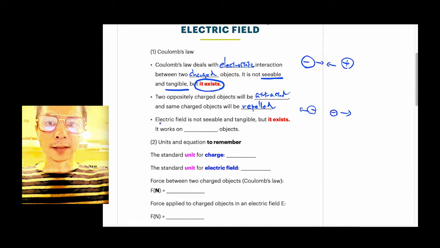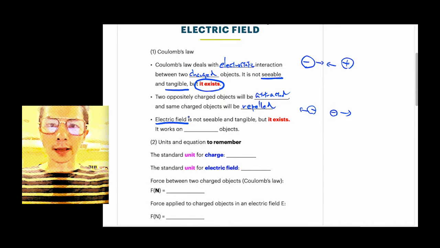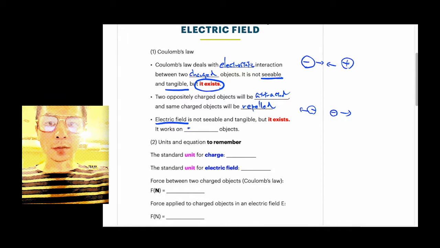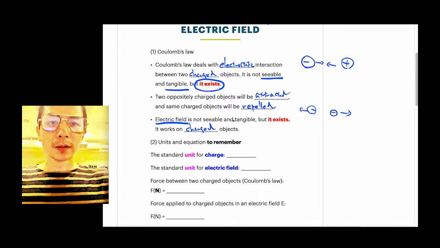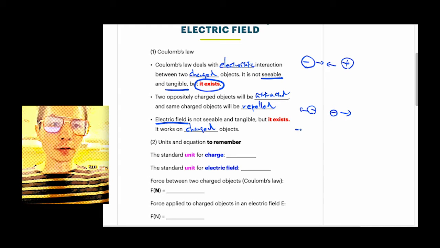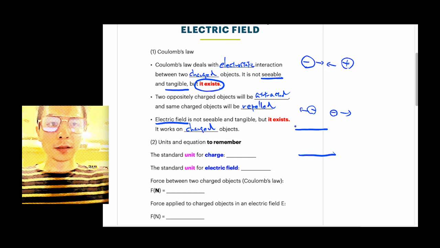The third thing is electric field. Electric field is not visible or tangible, but it exists, and it works on charged objects. Basically, the idea of an electric field is you have two planes, one positively charged and the second one negatively charged.